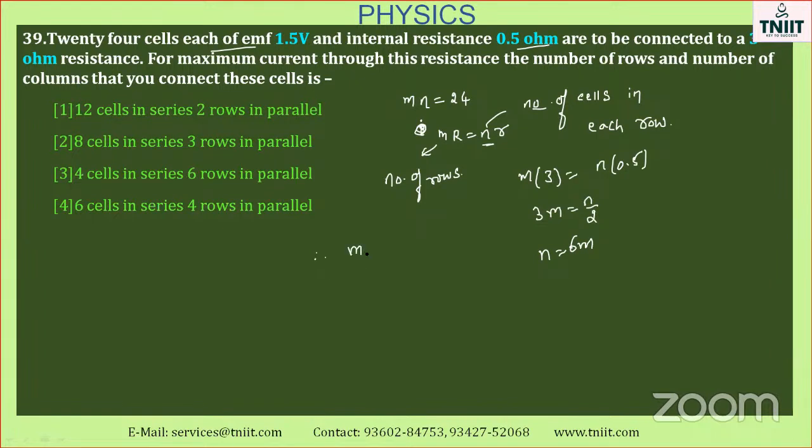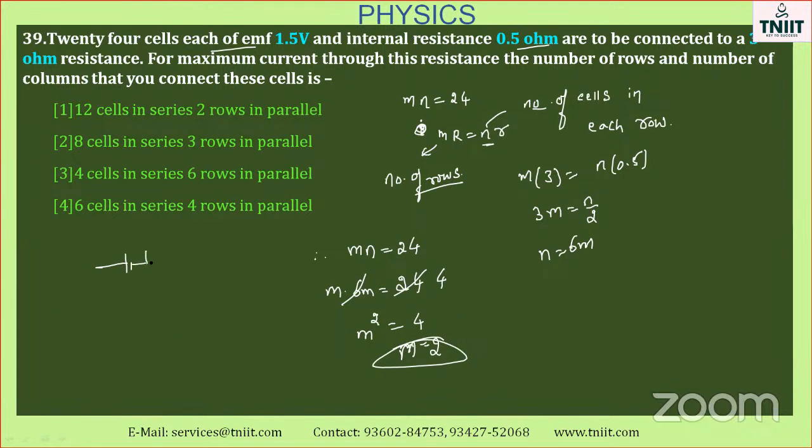Therefore, you know that M into N is 24, N is 6M, so 6M squared is equal to 24. So M squared is equal to 4. M is equal to root 4, that is 2. So M represents what? Number of rows. There are 2 rows.